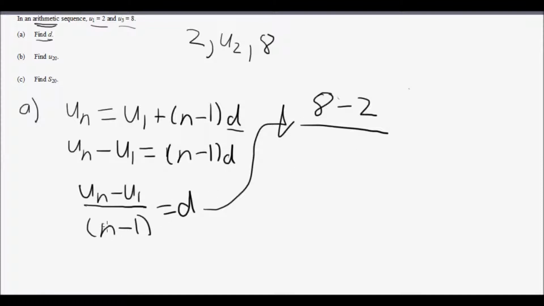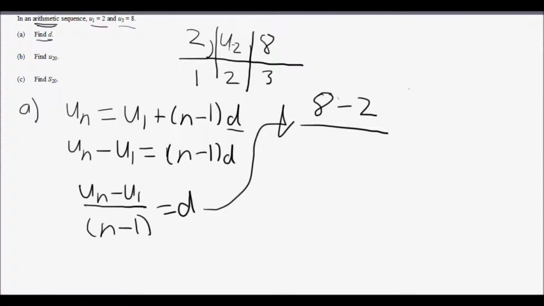Now n is the order in which the term is in. Let me clarify this for you. This is first order, second order, third order. So we have the first term, which is 2, as the first number in that sequence.